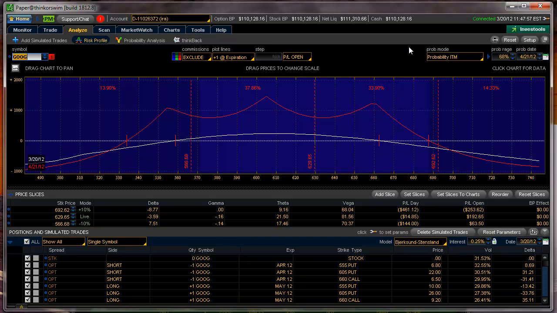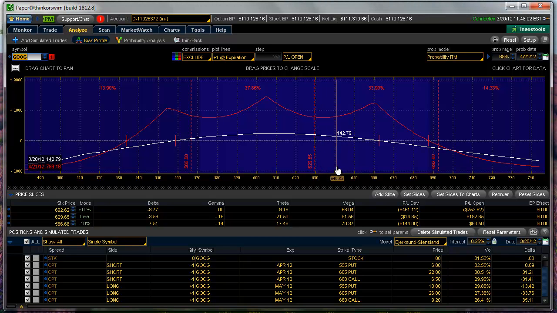Another thing I want to point out is this line right here is the current price, 629.65. My eyes are getting bad. I'm really having a hard time reading some things. Maybe I need stronger glasses. And the highlighted blue here, from this price down here around 570 up to around 688, is one standard deviation based on expiration date of 4/21.